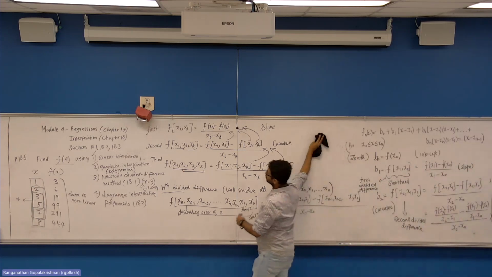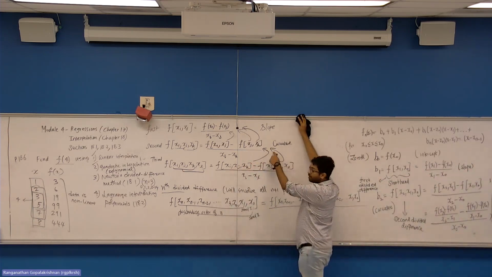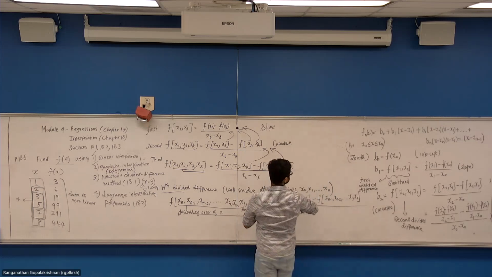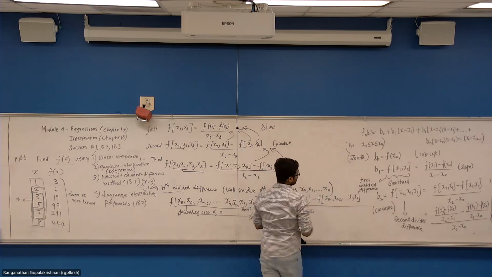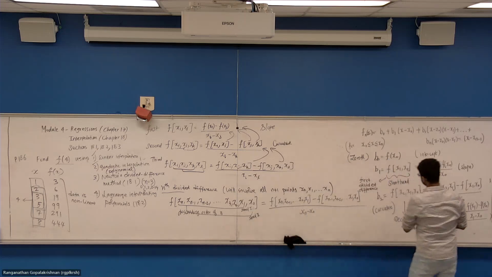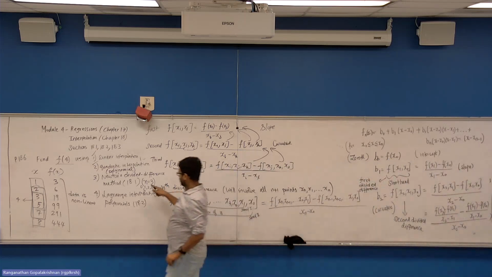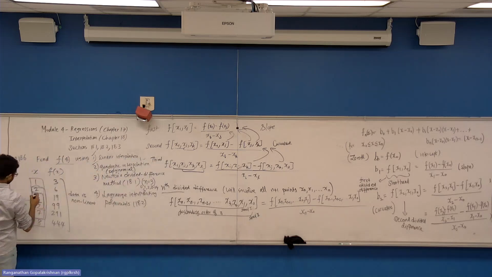Can I erase this first and second one? Maybe we'll start here. If we are interested in n equals 3, we can choose either 1, 2, 3, 5, or we can choose 2, 3, 5, 7, or we can choose 3, 5, 7, 8. All of them involve 4 points, right?